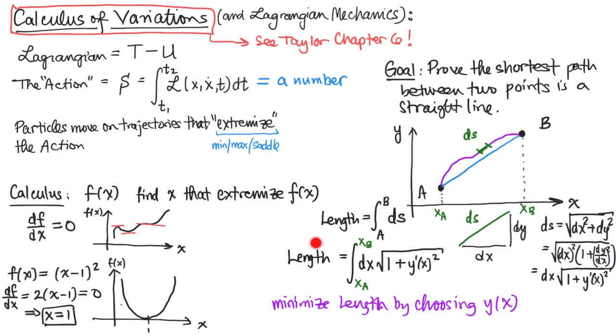Here we're extremizing, minimizing length, and in mechanics we want to extremize the so-called action. In both cases, it's a definite integral of a function with respect to a variable. Here we're integrating a function with respect to x, a definite integral. Here we're integrating a function of the trajectory and velocity of a particle, and the integral is over time.